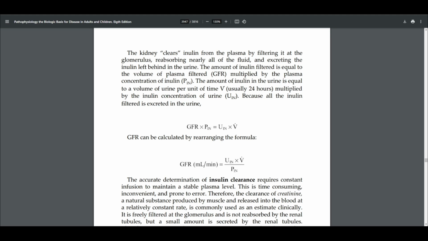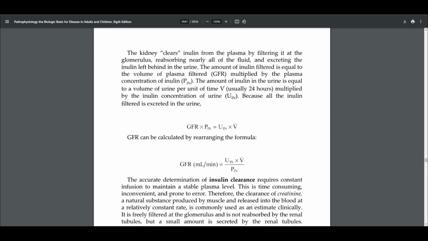The amount of inulin in the urine is equal to the volume of urine per unit of time, UV, usually 24 hours, multiplied by the inulin concentration of urine, because all the inulin filtered is excreted in the urine. So you have your GFR times your concentration of inulin, which also equals your inulin concentration of urine times time.